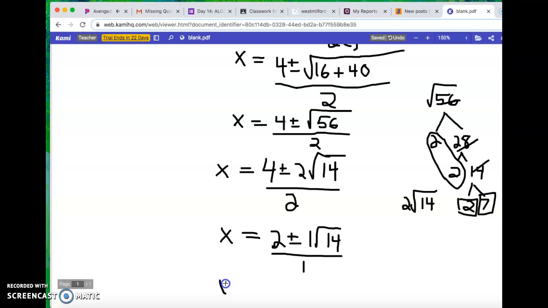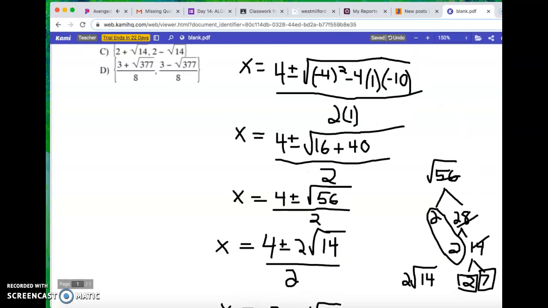So just to clean this all up, lastly, you're going to get 2 on top, plus or minus radical 14, because we really don't even need that 1 up top, right? Because 1 times radical 14 is just radical 14. And the 1 on the bottom goes away. So your answer is 2 plus or minus radical 14.